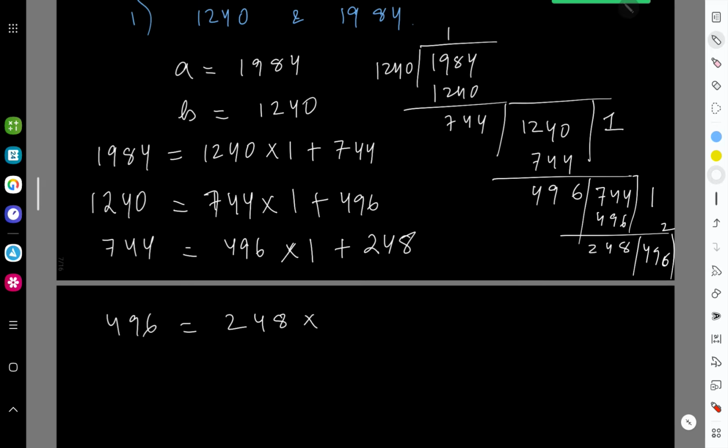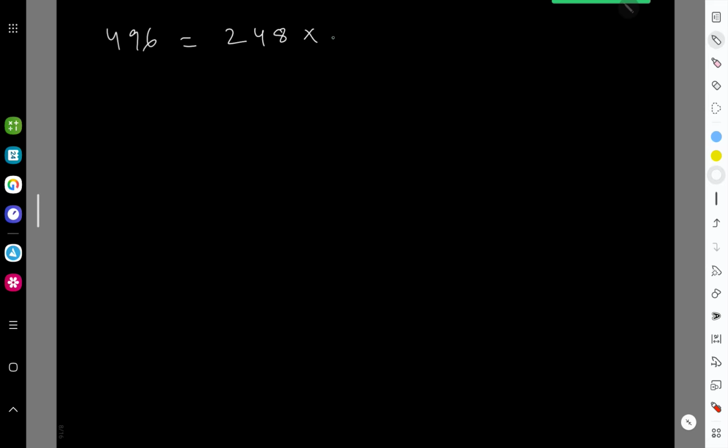And what was our last quotient? That is 2, and here the remainder becomes 0. And our last divisor, that is our HCF. So Euclid's division algorithm says that our last divisor will be our HCF. So this is question number 1.